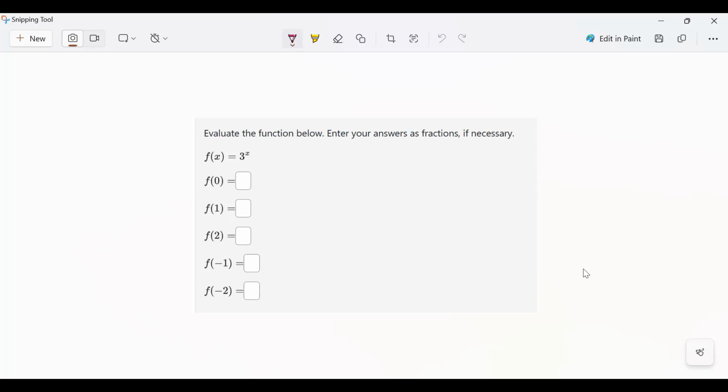Okay, let's go over the solution. So first of all, in order to get f of 0, replace x here with 0, so 3 to the 0. Any number to the 0 is 1. That's 1. f of 1 is 3 to the first, 3. f of 2, 3 to the second, that's going to be 9.